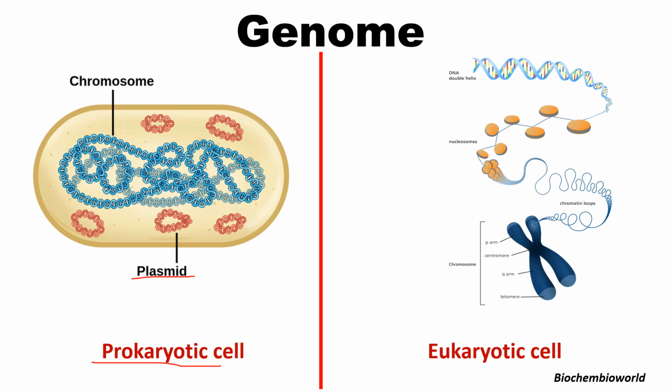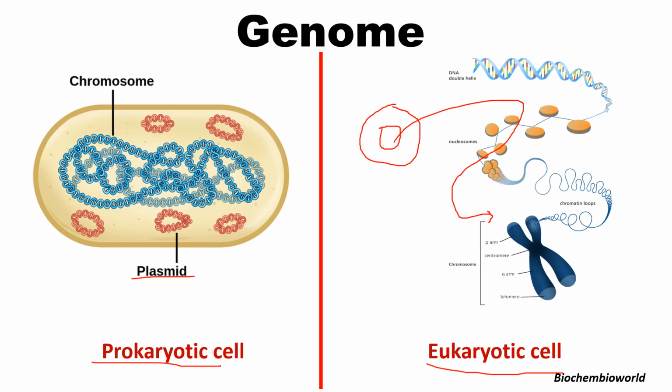Whereas in case of the eukaryotic cell, there is very compaction bound genetic material in the boundary, in the nucleus. This is my cell, this is my nucleus, and all the genetic material is packaged at different levels of organization, which in turn helps in the packaging of the genetic material.